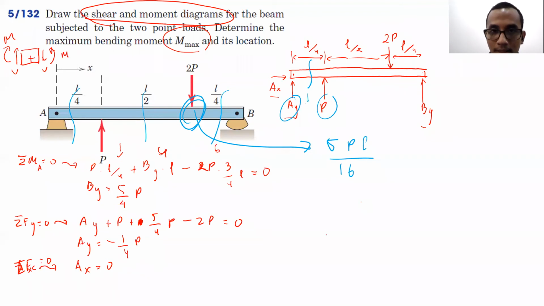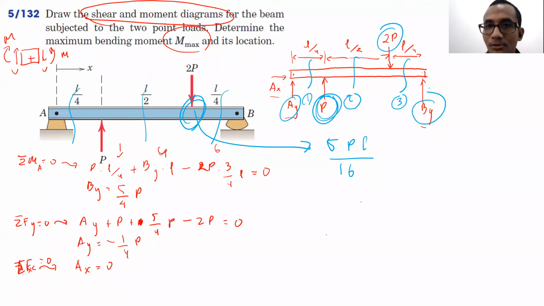The second section handles the part between this concentrated load and this concentrated load. And the last section is used to handle the location between this concentrated load and this concentrated load. Do you get it, Shabina?